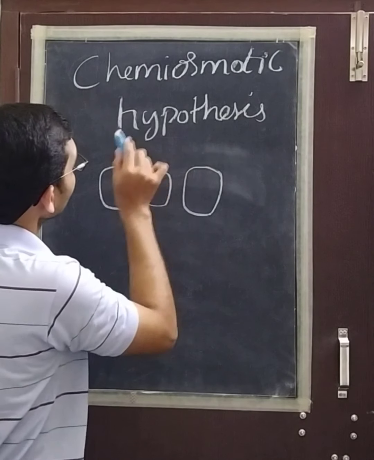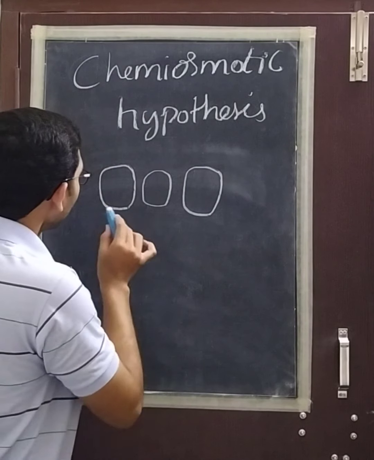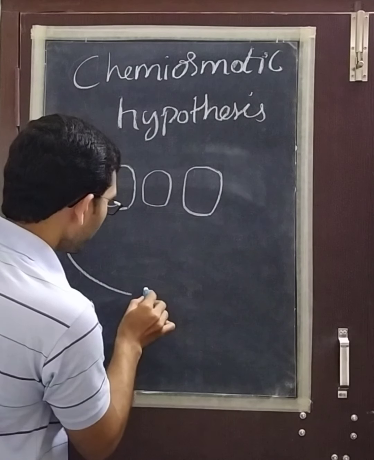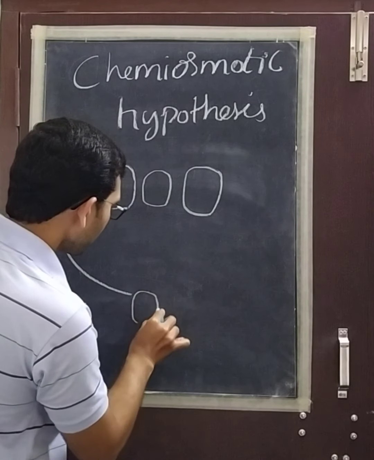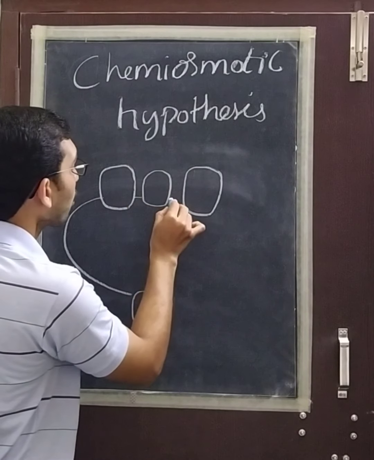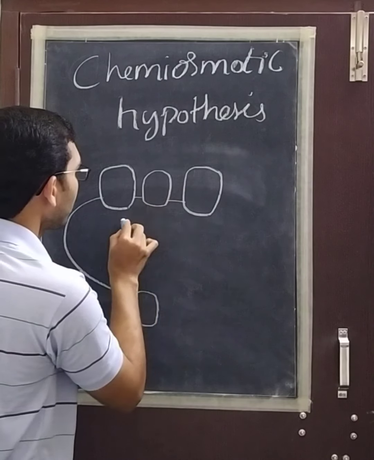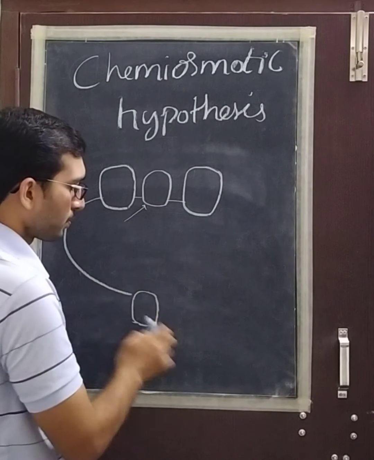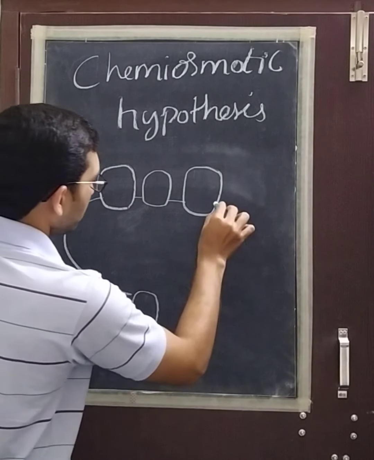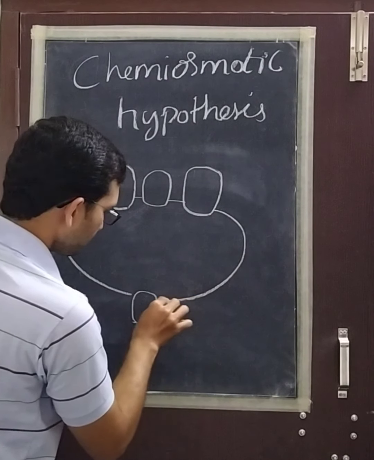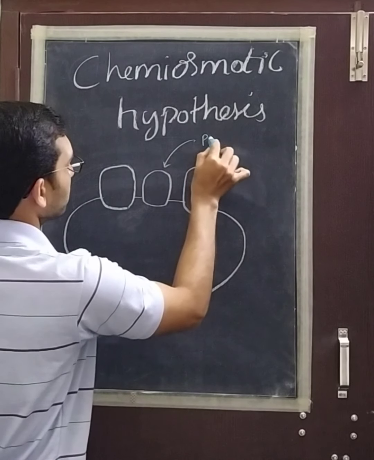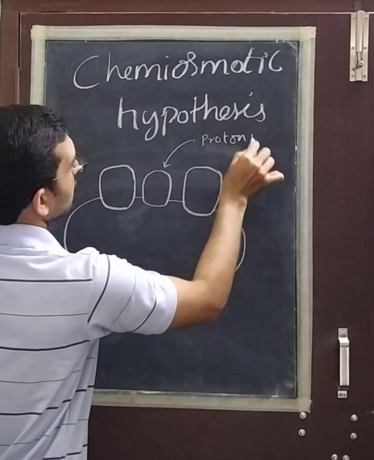In the chemiosmotic hypothesis, we should have the membrane, and along with this membrane we should also have the proton pump. Here I am representing the membrane, and we have the proton pump.